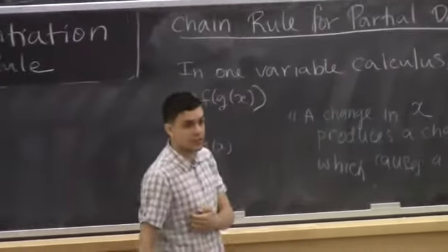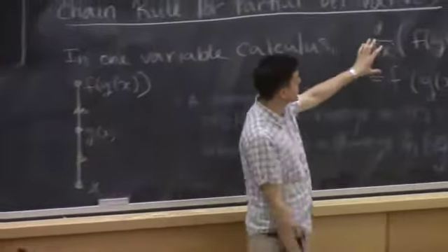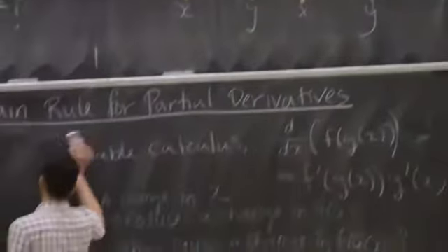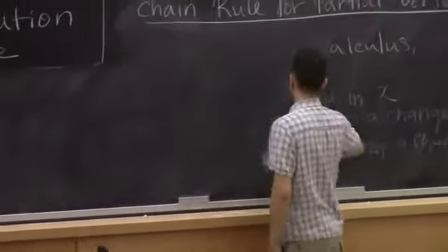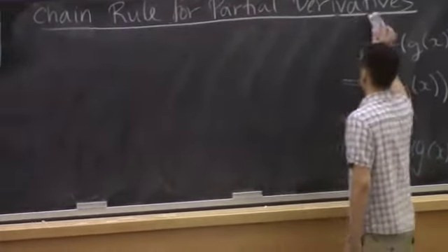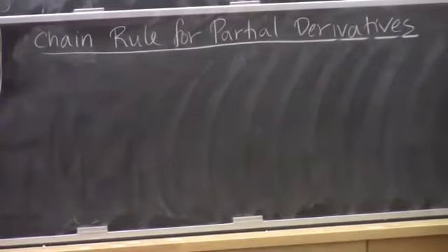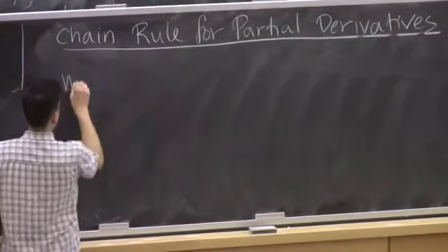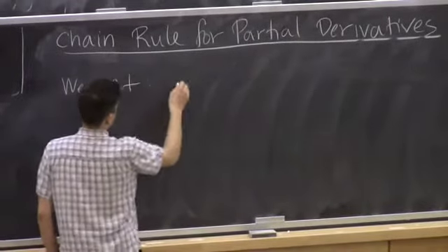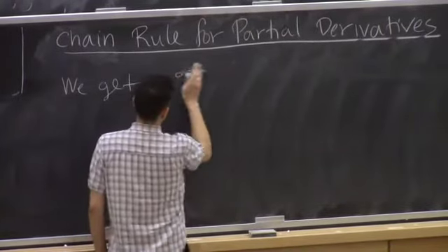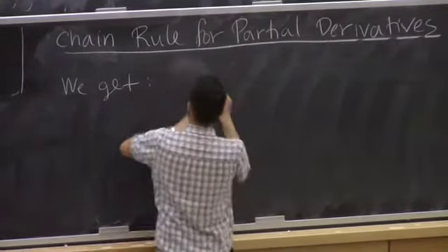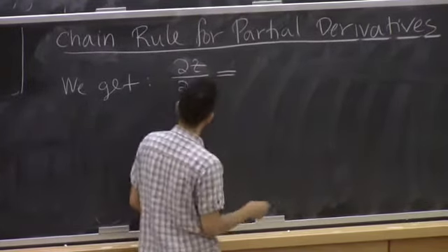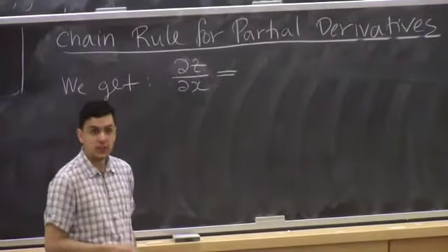So in formulas, we're going to use this one variable thing along each path from x to z. Okay, so the effect is going to be additive.